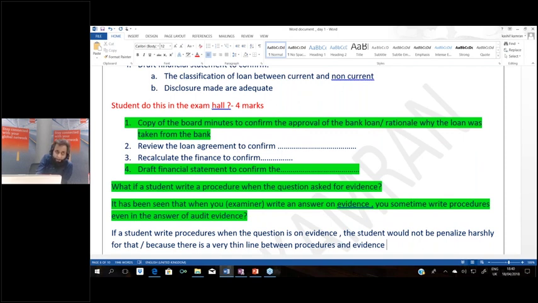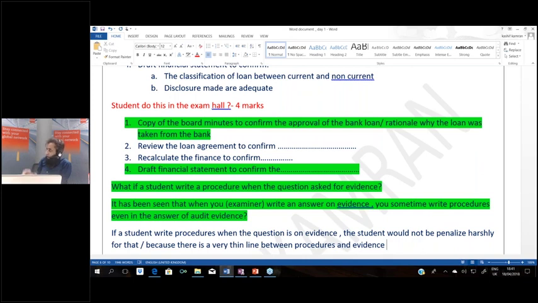So the examiner clarified that even if you do so, I'll not penalize you harshly. But if you stick to the rule which I just made at the beginning of the session, that is very, very good. But mistakenly, if you get off track, don't be worried about it.